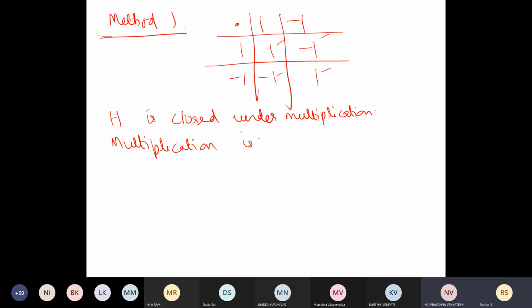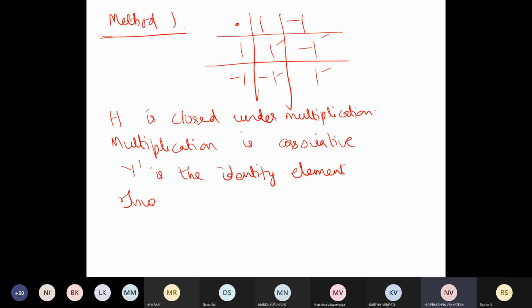Okay, what is the identity element here? 1 is the identity element. So can you say the inverse of each and every element here? Inverse of 1 is 1. And inverse of -1 is -1. Correct? Inverse of -1 is itself.